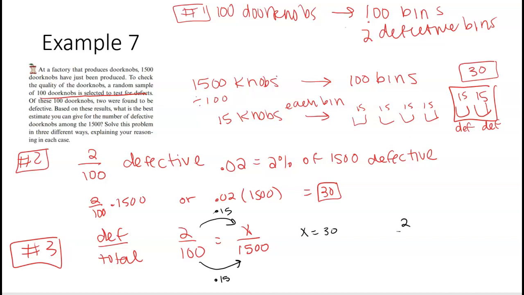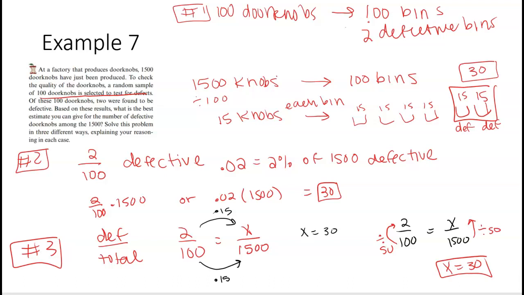I could do it another way. Remember, we learned external, internal. I could say 100 to get to 2, I need to divide by 50. So I need to divide this by 50. And when I divide 1,500 by 50, what do you think I get? I get x equals 30. So there are 3 different ways to think about this problem.